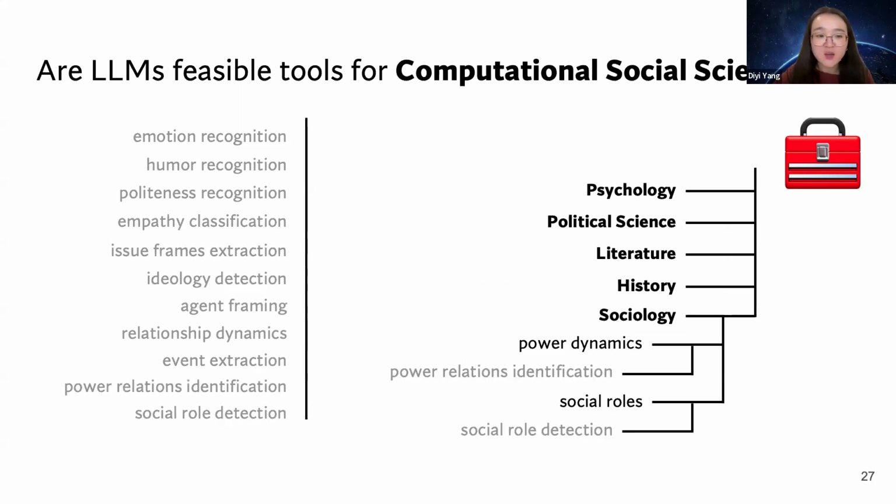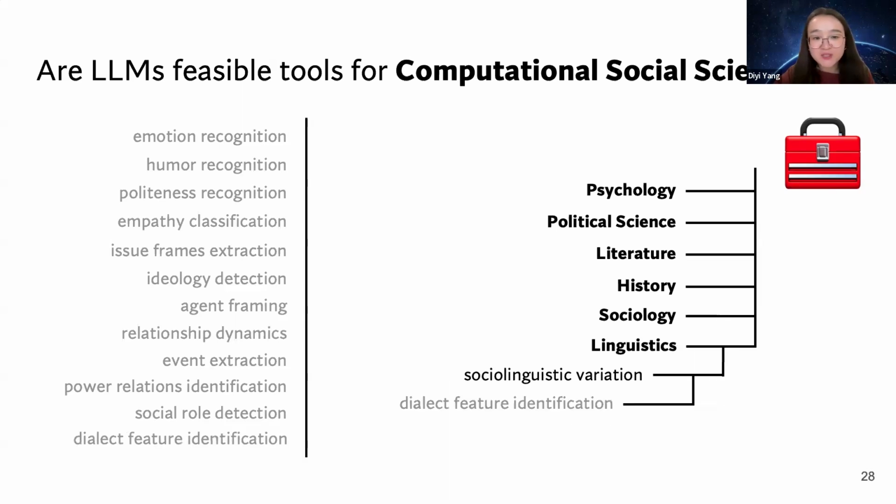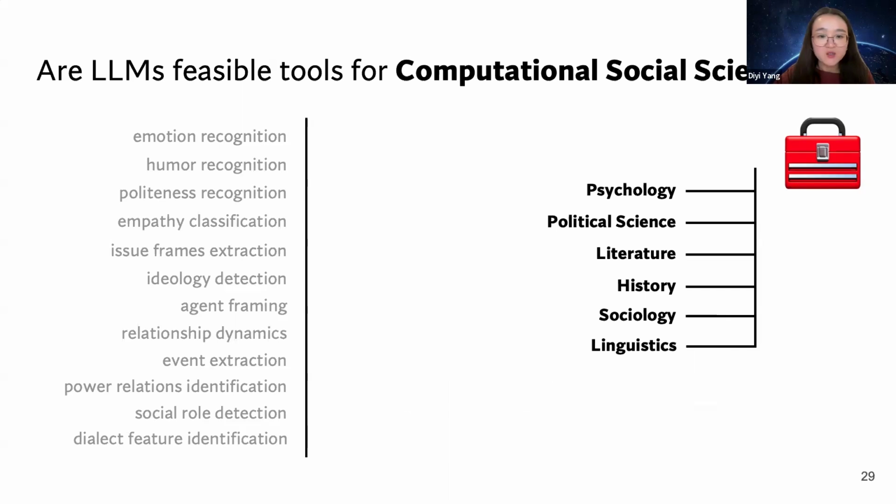In sociology, people study power dynamics, such as power relation classification, or even the social roles that people occupy in teamwork or just in everyday life. From a linguistic perspective, there are a lot of sociolinguistic variations, such as dialect identification. So as you can see, this is actually a wide range of tasks.